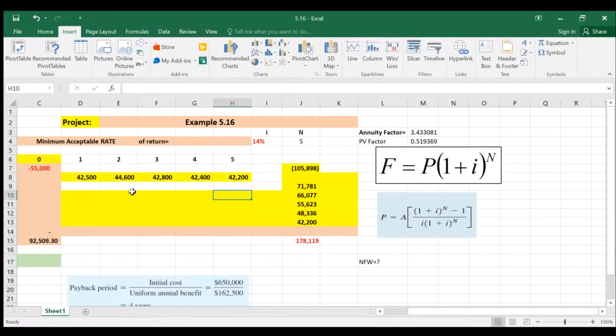Okay, so what we have done is we have calculated a future value of this amount which is at the end of year 5.